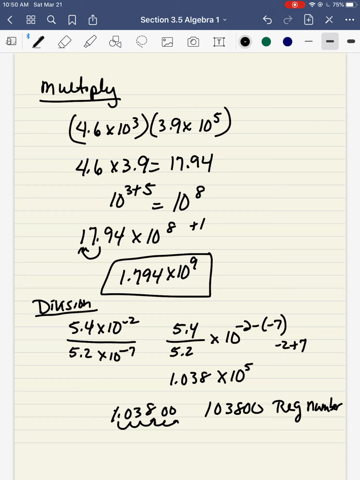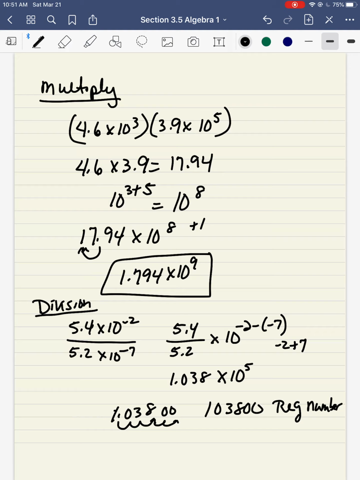The reason I'm moving the decimal over is because the decimal always has to be in between the first 2 digits. So if I move it over 1 place and I actually make the number smaller, meaning I was at a number 17, but when I move it over 1 place, I'm at a 1.7, I have to add 1 to the exponent.